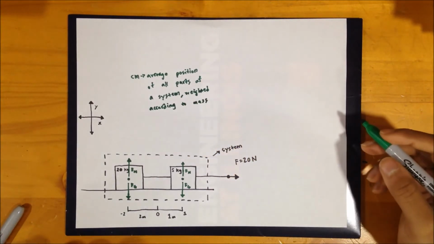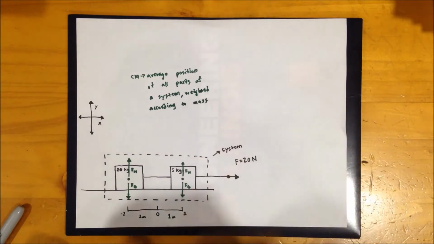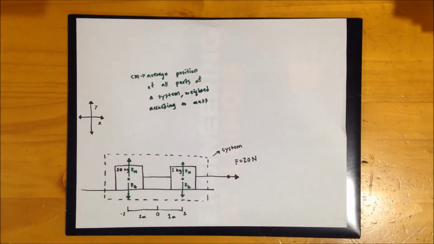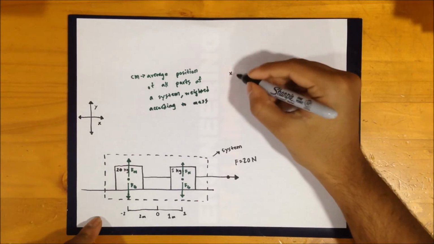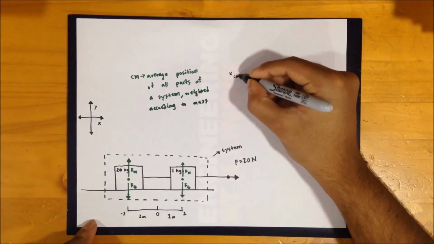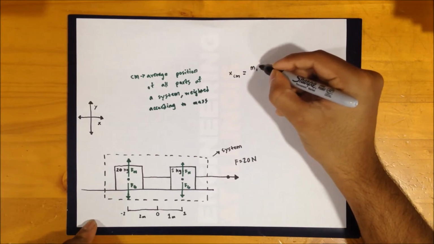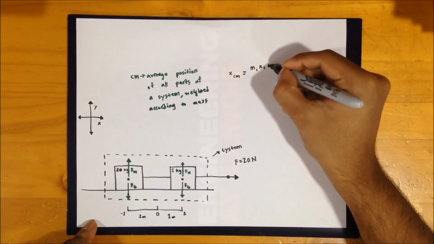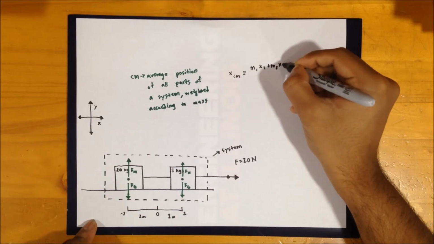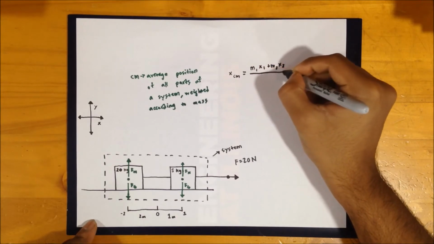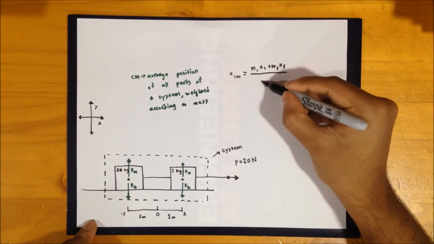So the formula that we can use to figure out the center of mass is this: x, which we denote as the position, is equal to the mass of the first object times its position plus the mass of the second object times its position, over the total mass.